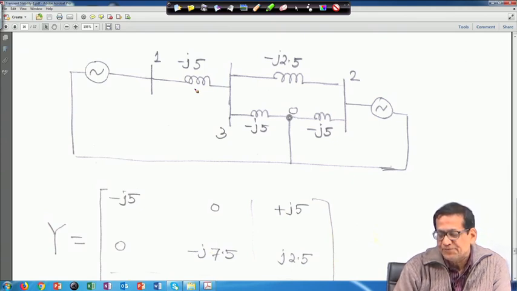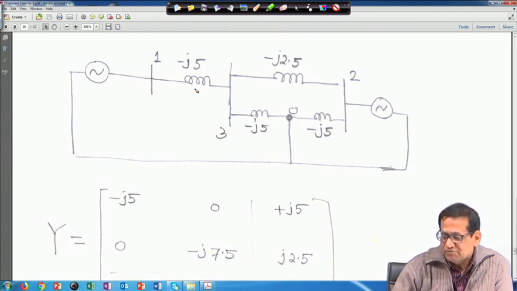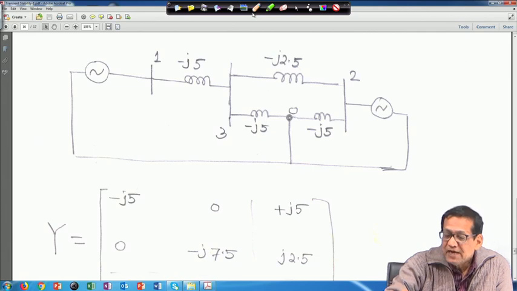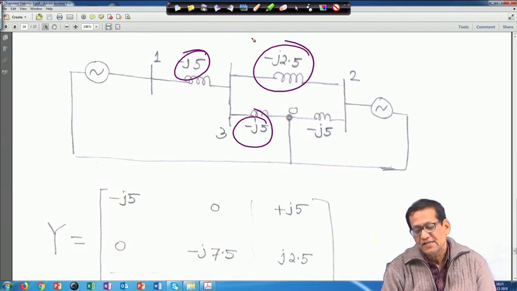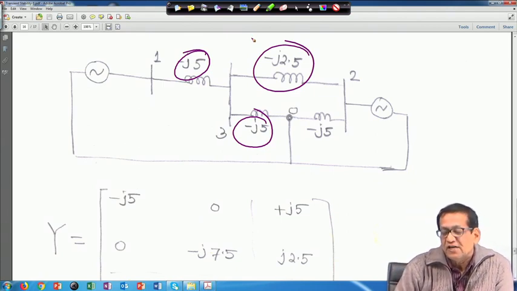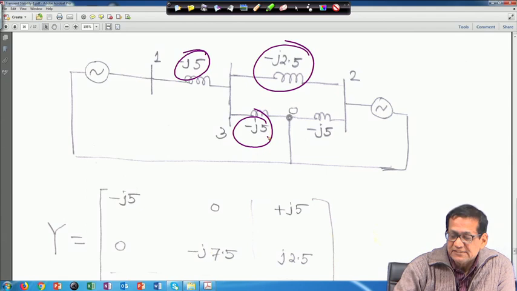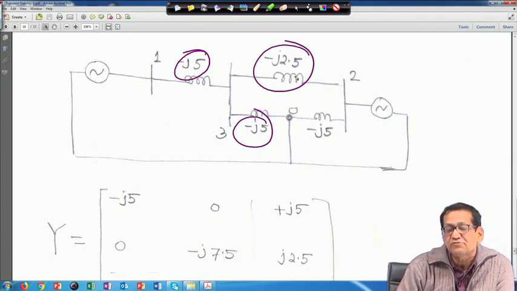Then Y32, same philosophy, Y23 is equal to Y32, it will be j2.5. And for Y33, this one will be added, this one will be added, and this one will be added. In that case it will become minus j12.5, because minus j5 and minus j2.5.